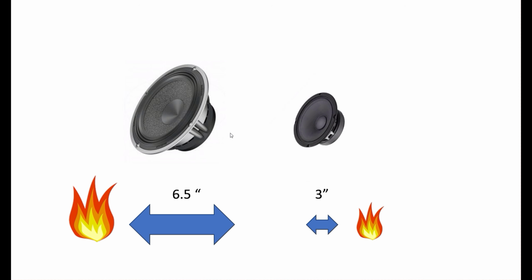When you compare that to the 6.5-inch, which has a much bigger cone area and is able to extend further, which means it can push more air per stroke. It has a bigger motor, so it's more powerful, so it can push more air, and it's able to deal with much more heat, right?